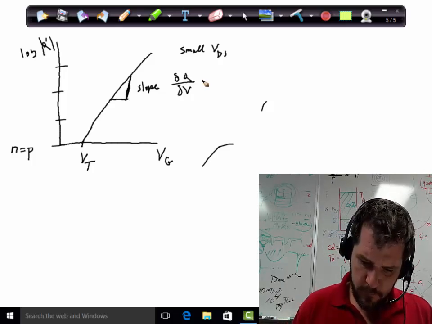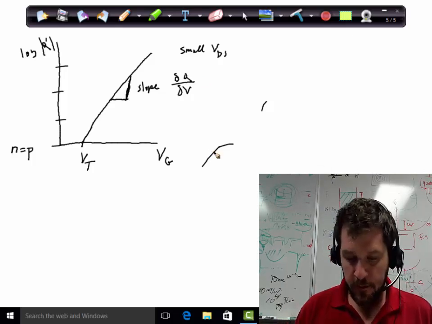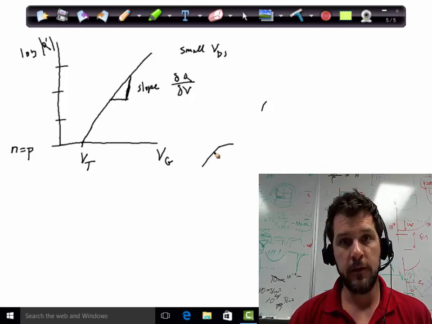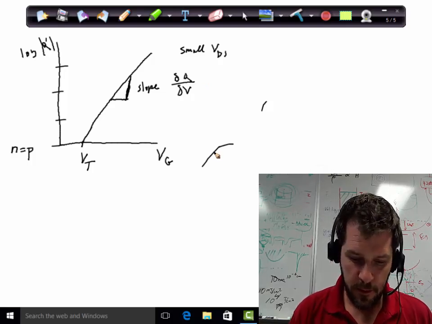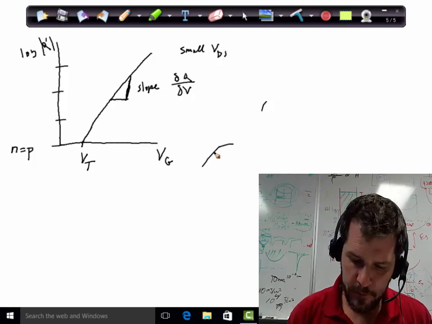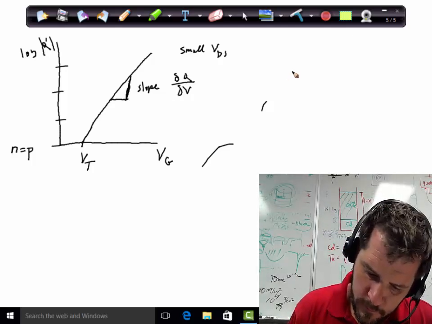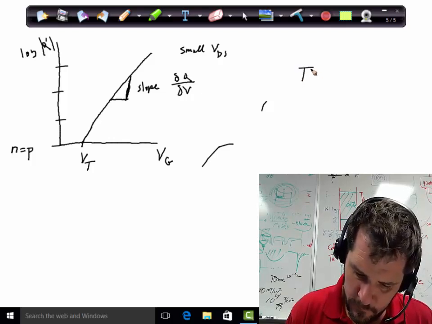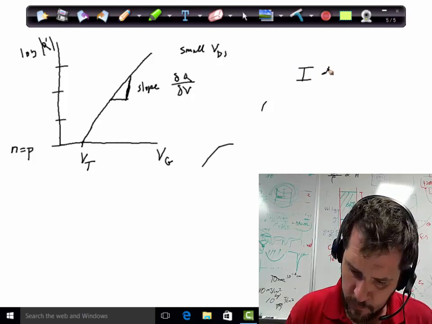So we've established that we can exponentially increase the charge in the channel with the application of gate voltage, and so the current, remember, is proportional.